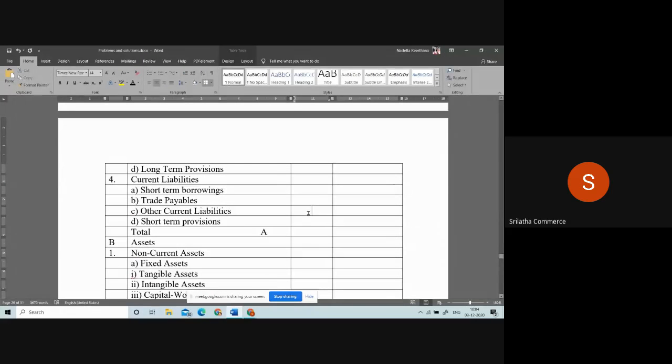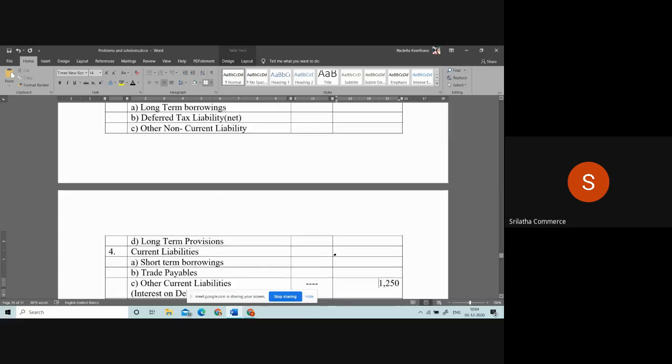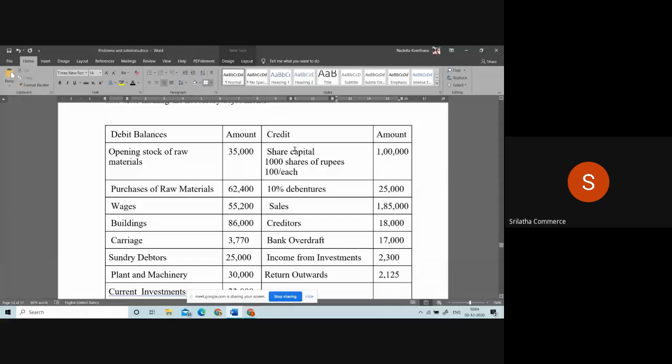How much, ma? 1,250, no? Other current liabilities, interest on debentures outstanding. Is it clear? For your reference only, I'm giving. So we completed the credit side.